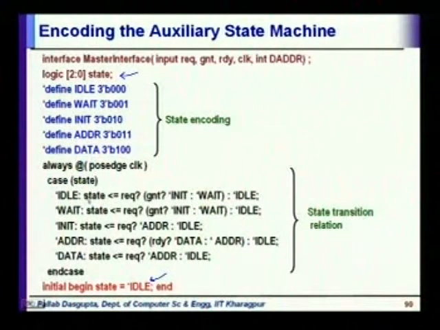When we are in the idle state, so case state idle, if there is no request, if request is false, then the next state is idle. So state <= idle. If request is high, then we check, do we already have grant?